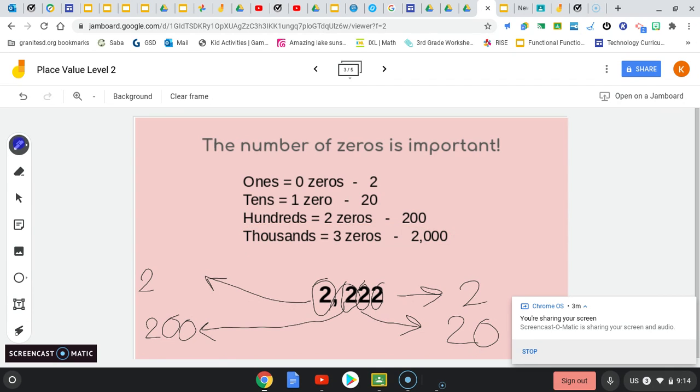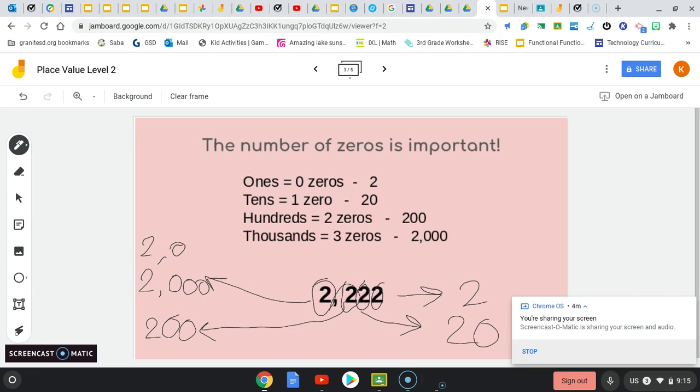When we're writing a number in the thousands, we put our comma and then our 3 zeros. You start from the ones, then you go to the tens, then you go to the hundreds, then you put a comma.